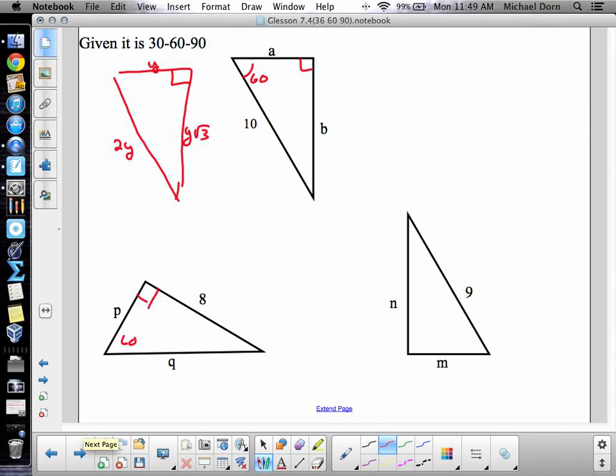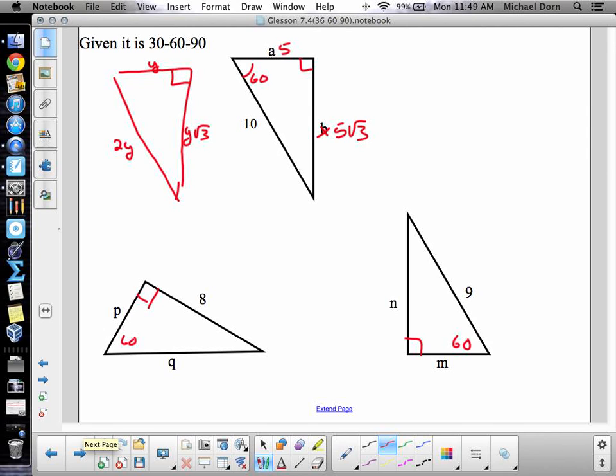Here, we'll mark it in, actually. Okay? Here I'm given the hypotenuse is 10. So how long is the short leg going to have to be? 5. And the long leg? Short leg times the square root of 3.